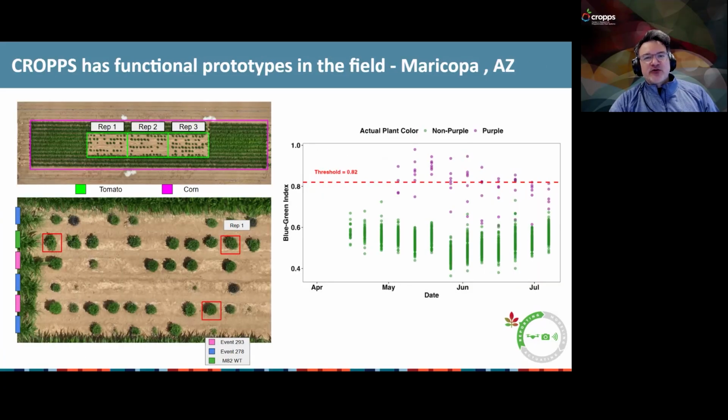I began working on programmable plants 25 years ago at Rohm and Haas Company, when many ideas were beyond the reach of the science. Today, CROPPS technologies have made them possible, and in just 5 years, the project produced a field-ready nitrogen sensor tomato. Our multi-institution team conducted a field trial at the University of Arizona Research Farm in Maricopa, Arizona, demonstrating a functional prototype.